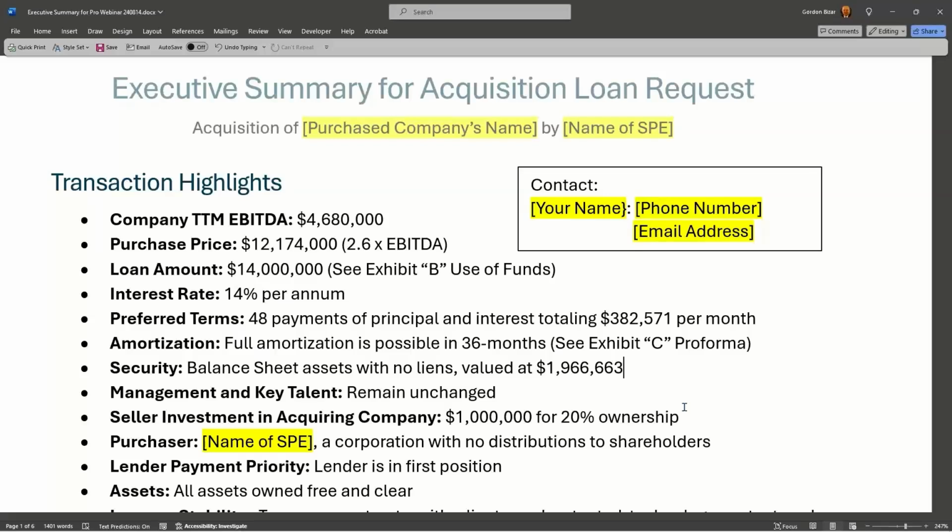Now, every place in this document that purchased company name appears, and it appears frequently, that'll be replaced all the way through the document. So it's replace all. Where we create an SPE, a special purpose entity, to purchase the company, the name of that SPE goes in there, and again, it's find and replace, and anywhere in this document that appears, those will be replaced.